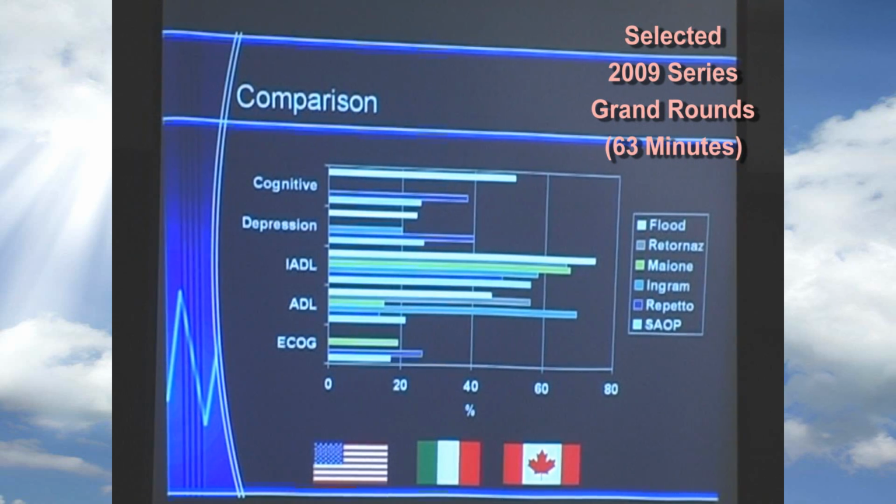On the other hand, you can see that if you look at an outpatient service, like a study by Retorna in Canada at McGill, you can see that outpatient geriatric people, you still have a large proportion, that's the dark gray bar, that is indeed dependent in ADL and IADL.